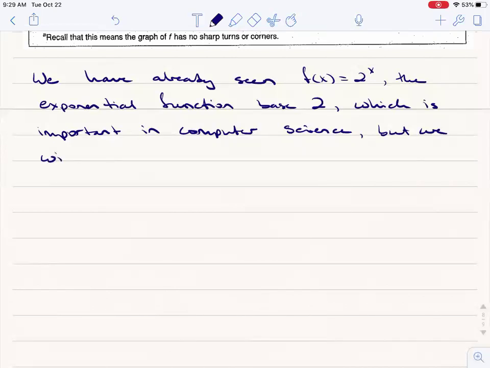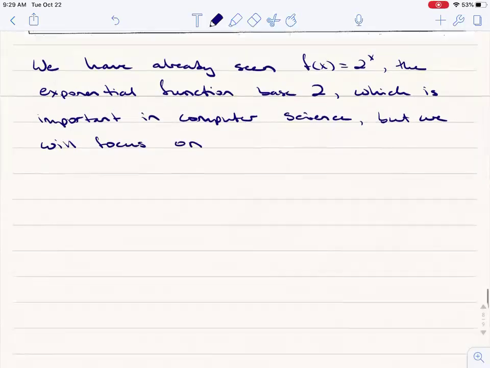But we will focus on 2 other common bases.